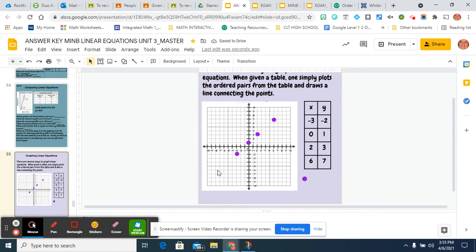So I'm just going to select my line again. I'm going to start right from there, trying to get right through the middle of each point.